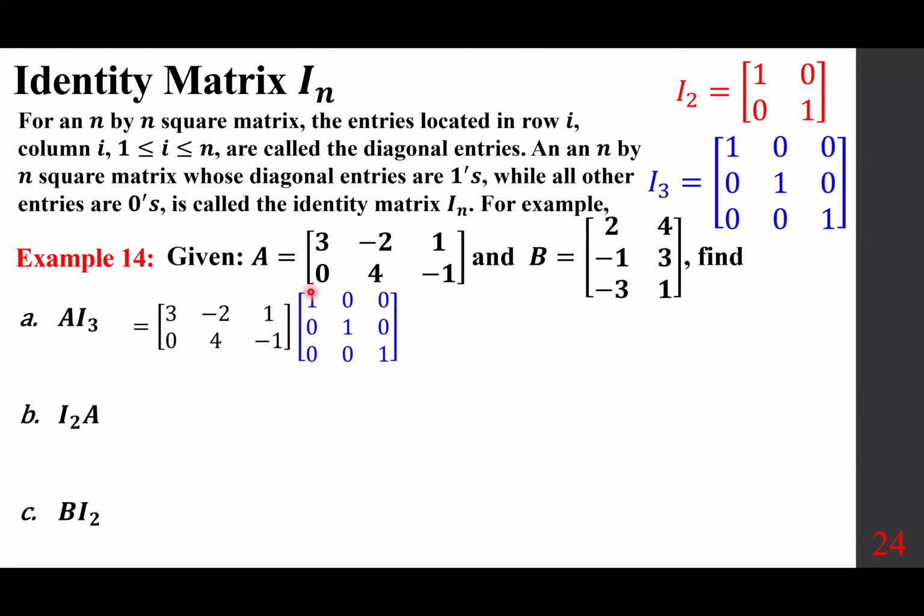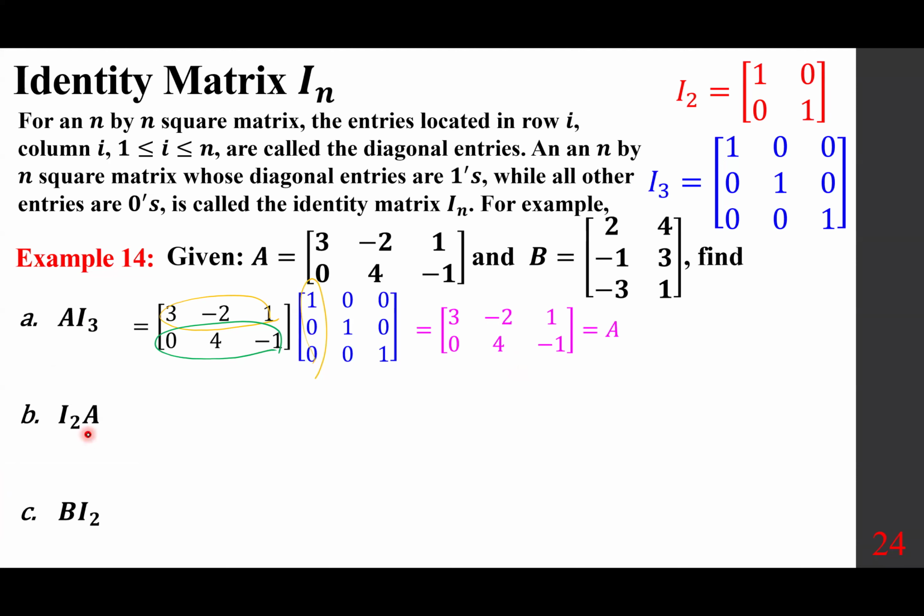So the very first entry is 3. And if you multiply the second entry by that column, you get 0 times 1, 4 times 0, negative 1 times 0, and the first column is 3, 0. If you continue with the rest of them, you will end up with A. This will give you A, and you can try it.